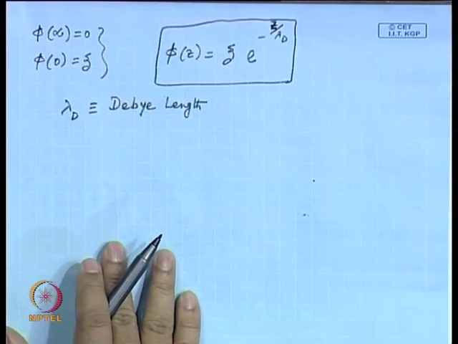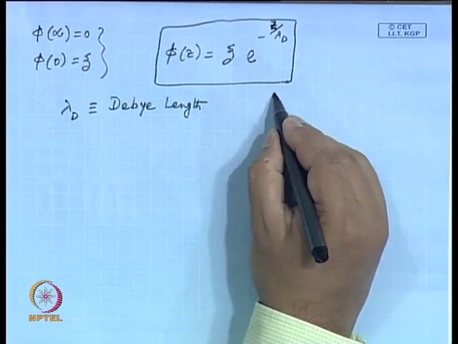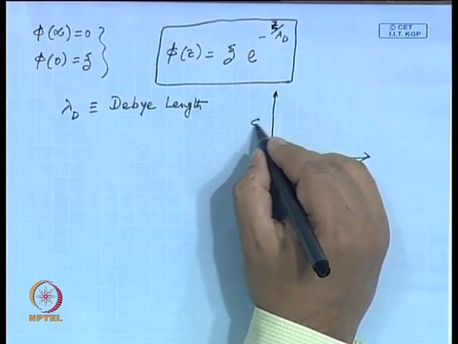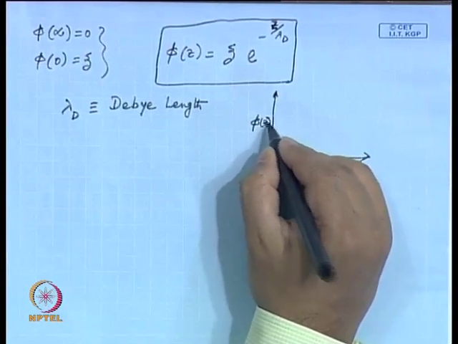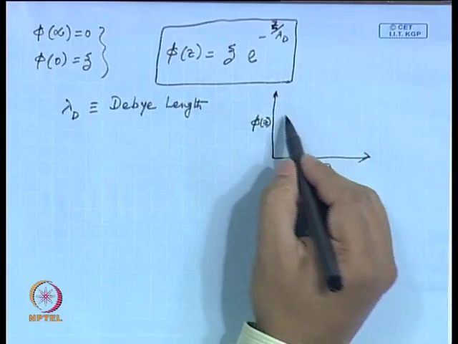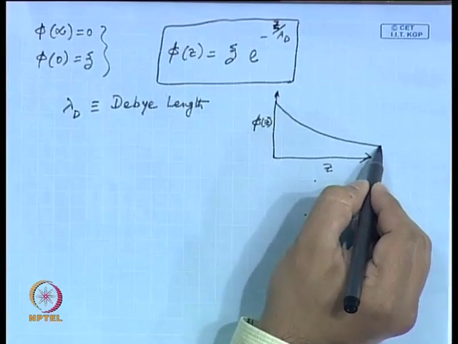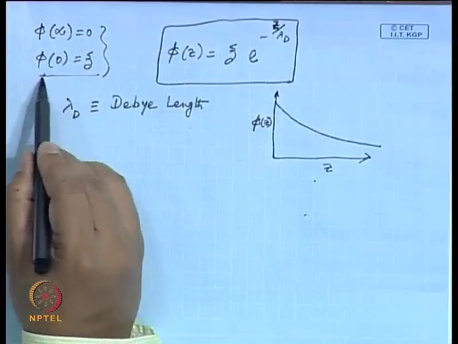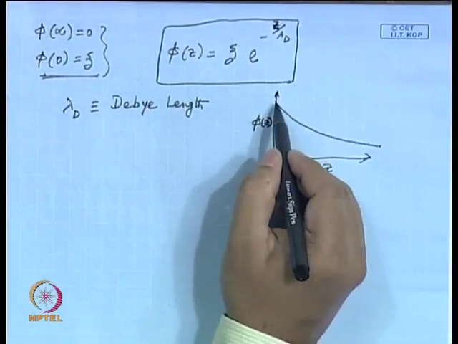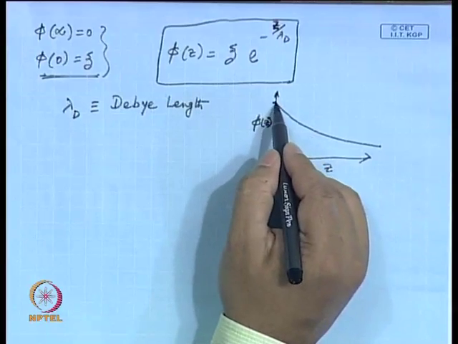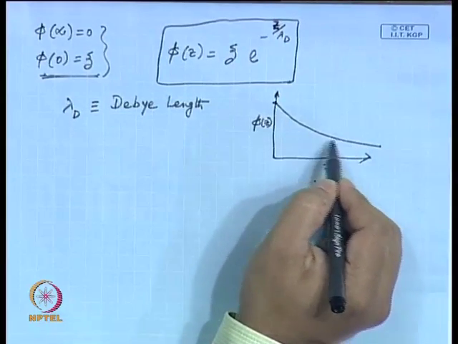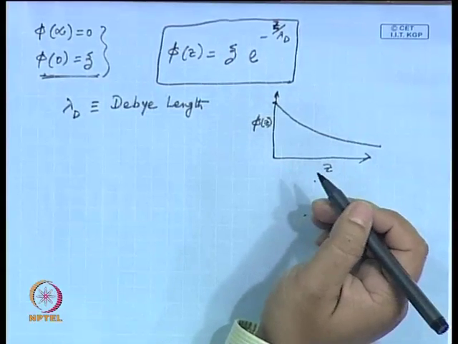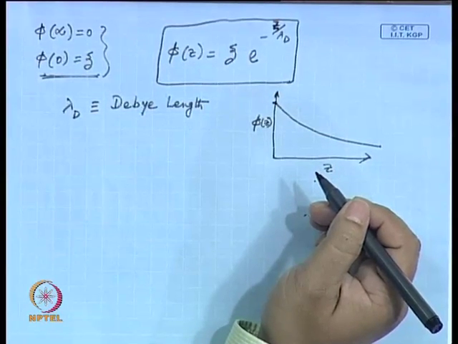What is the importance of lambda d? Can somebody tell me? Can you think about it? You have phi z as a function of z, and now we do not consider the Stern layer. The moment we set this boundary condition, we are forcing it to be zeta at z equal to 0. So, we are talking about a functional form of e to the power minus z by lambda d. So, what is the importance of lambda d now?